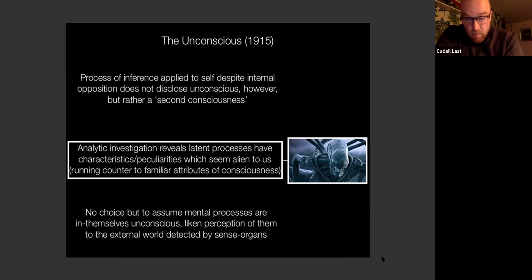And this is troubling. So analytic investigation reveals that latent processes have characteristics and peculiarities which, quote unquote, seem alien to us. I love that metaphor of the alien. And they run counter to familiar attributes of consciousness. So the unconscious is absent from our consciousness. It's not conscious. We know that they are ideational representations of instincts, and that these ideas of the unconscious appear alien to our consciousness.